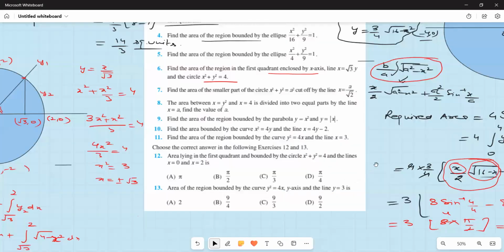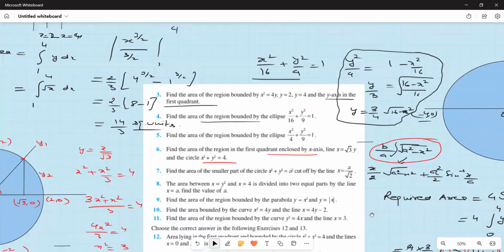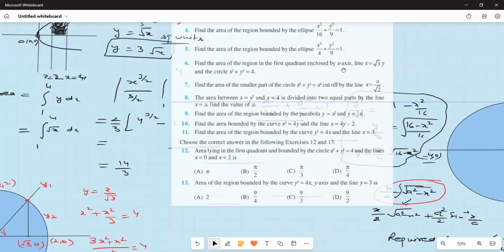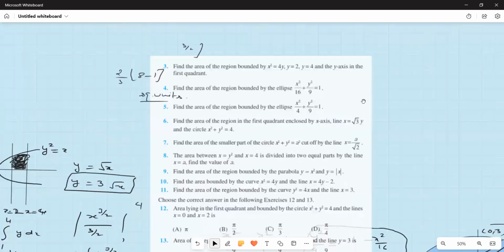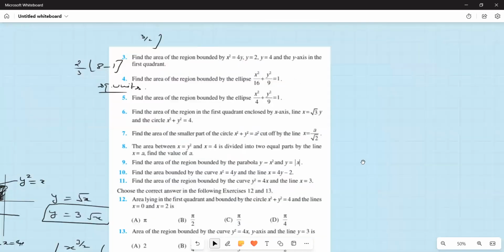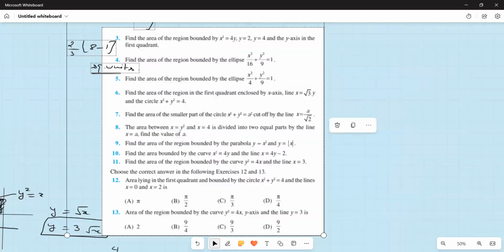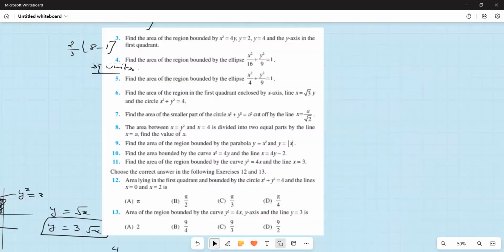Next question. Again, this is a circle. So let us take a circle.